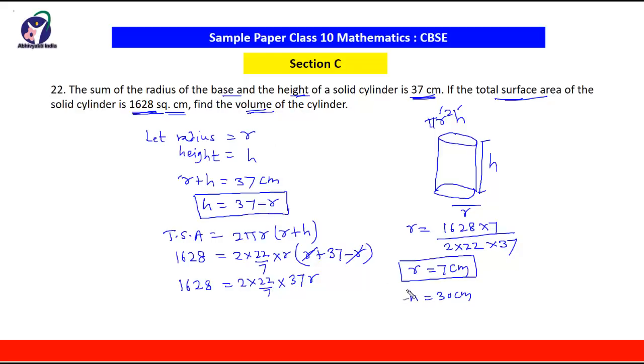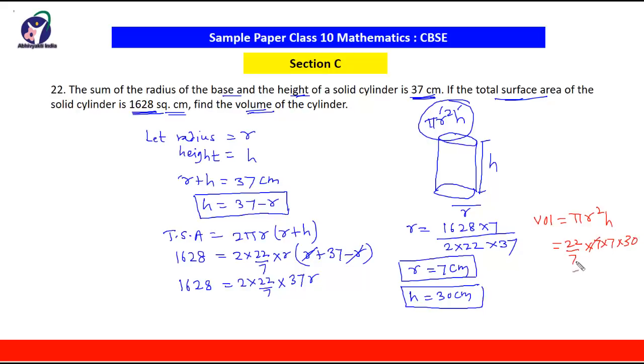Now you have got the height and the radius, and you have to find the volume using the formula pi r square h. So volume of the solid cylinder is equal to pi r square h, which is equal to 22 by 7 into 7 into 7 into 30.